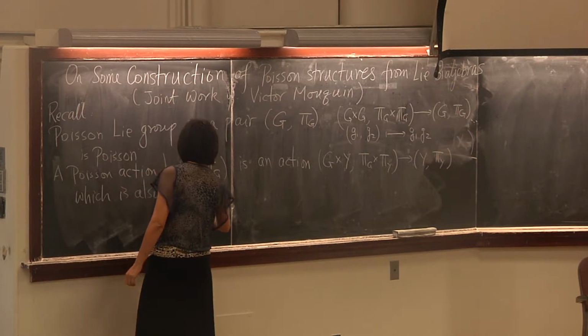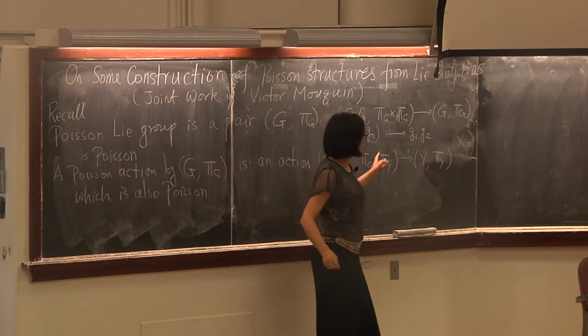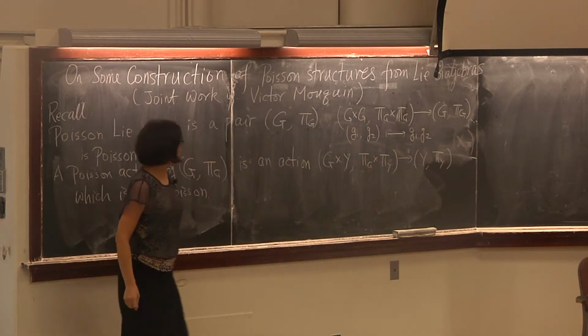So in particular, the Poisson structure on Y is not necessarily invariant under the group action.